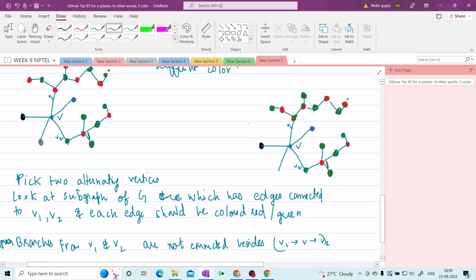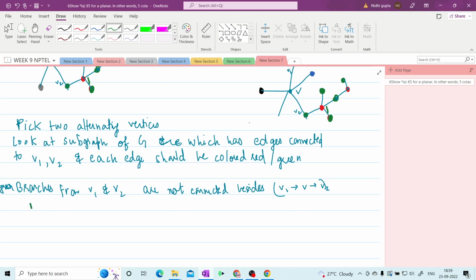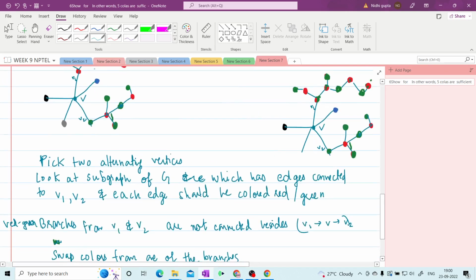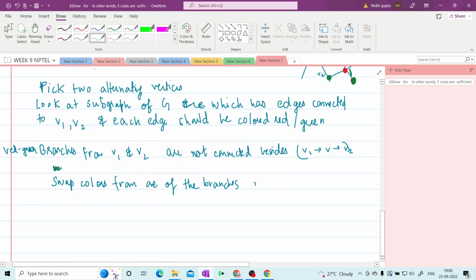So if we have this, we see that the sub branches from V1 and V2 are not connected beside this path. Swap colors from one of the branches. If you do so, then you see that both V1 and V2 have green color, say the branch coming from V1.